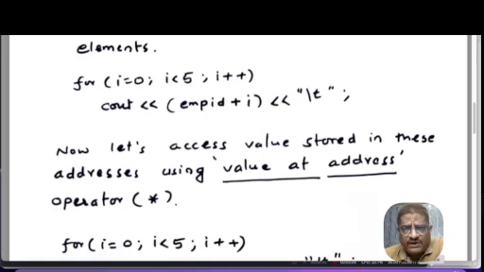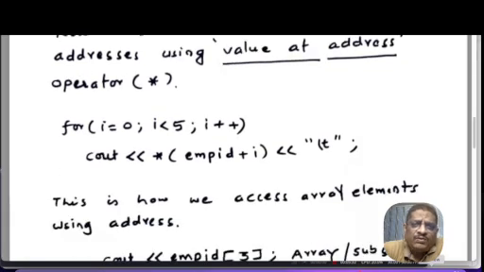In the previous video, we saw that if the address of a variable is obtained, its value can be obtained using the value at address operator. We can get the value stored at a particular address using the value at address operator. What is that? Asterisk, star. If I make the address preceded by the asterisk operator, it will give me the value stored in that location.